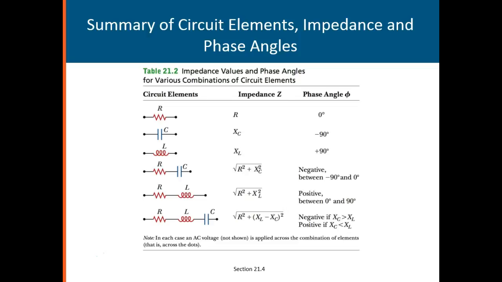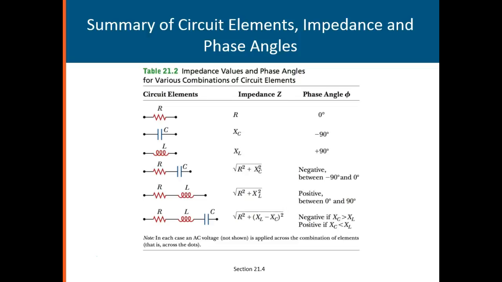What if you had an RC circuit? What would be your impedance? Square root of R squared plus X of C squared, exactly. What would be your phase angle for that one?